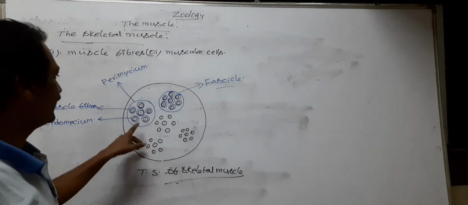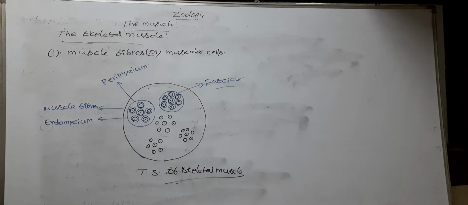Each fascicle is enclosed by a membrane called perimysium. Each bundle of muscular cells is called a fascicle, and each fascicle is enclosed by a membrane called perimysium.